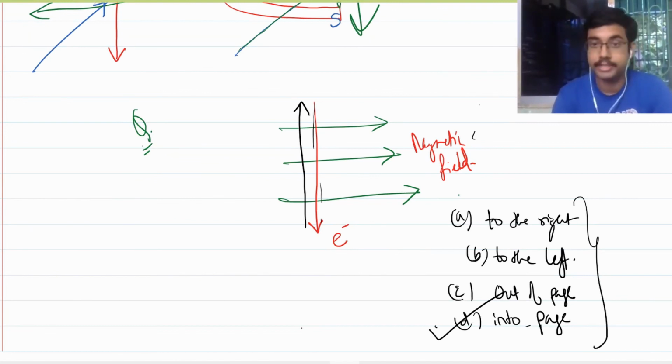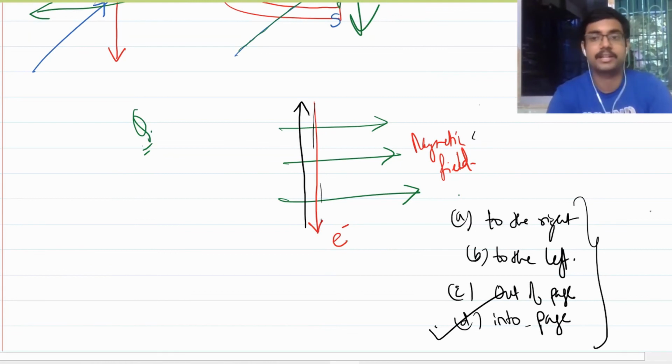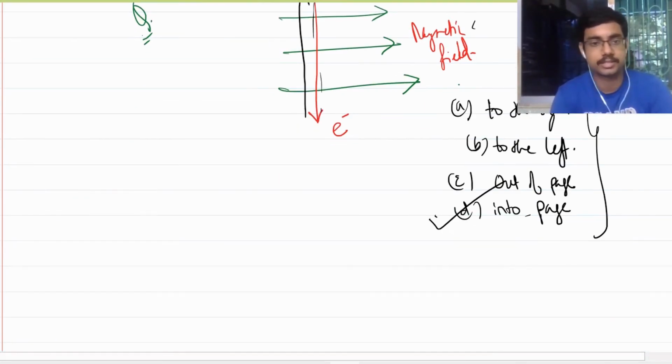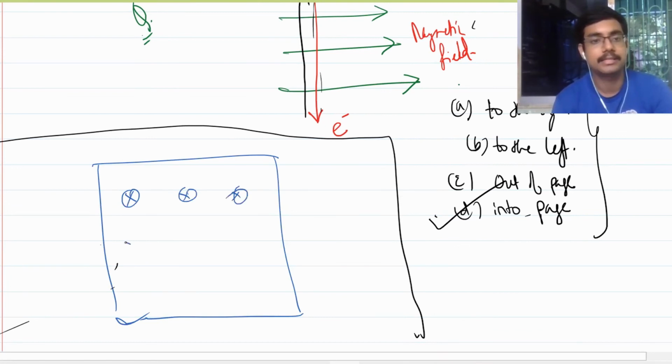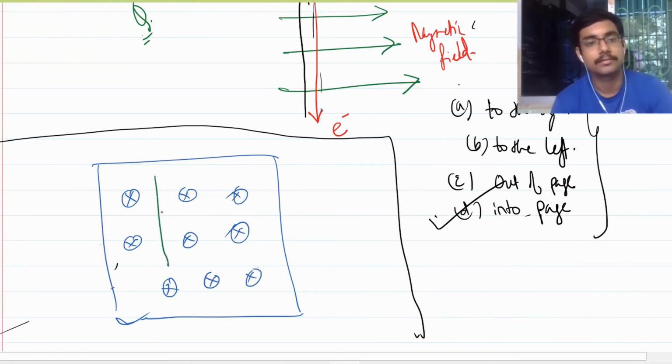So, these kinds of questions are very much expected. Now, let me give you one more question similar to this. Suppose this is the direction of magnetic field. Now, suppose there is a current carrying conductor which is carrying current in this direction.